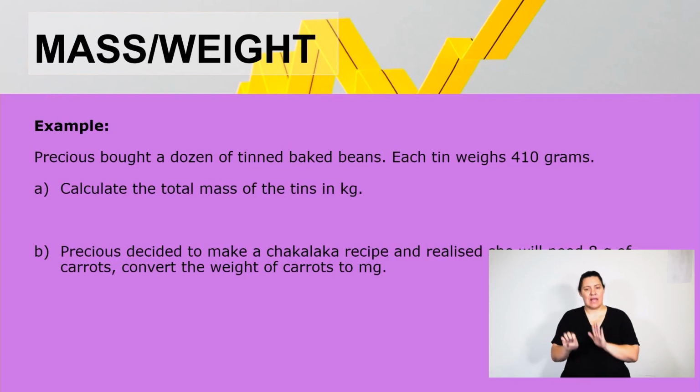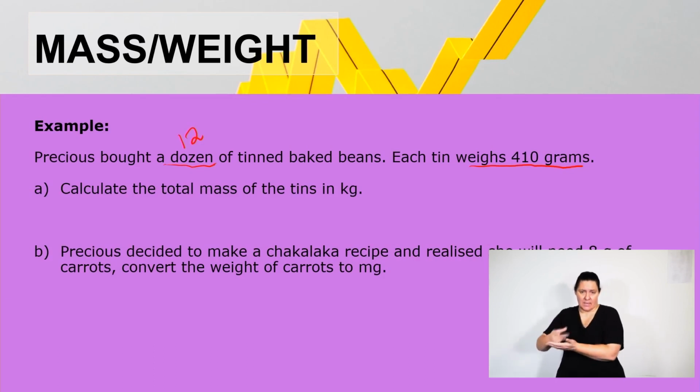Here is an example. Precious bought a dozen tinned baked beans. Each tin weighs 410 grams. Very important that we take note of that dozen. Remember, dozen simply means 12. So Precious bought a dozen tinned baked beans.